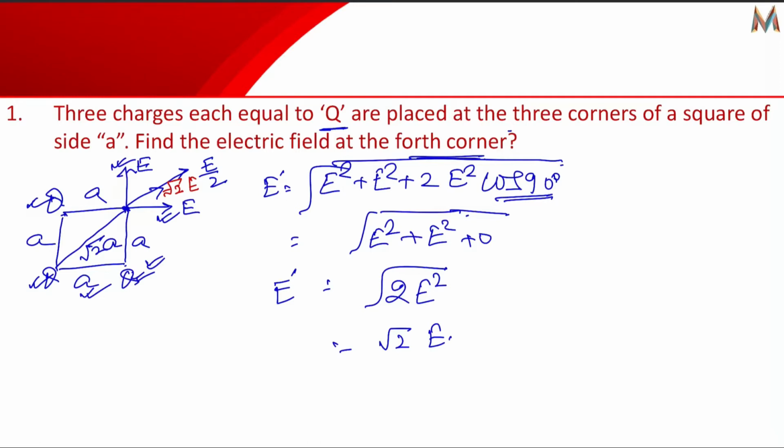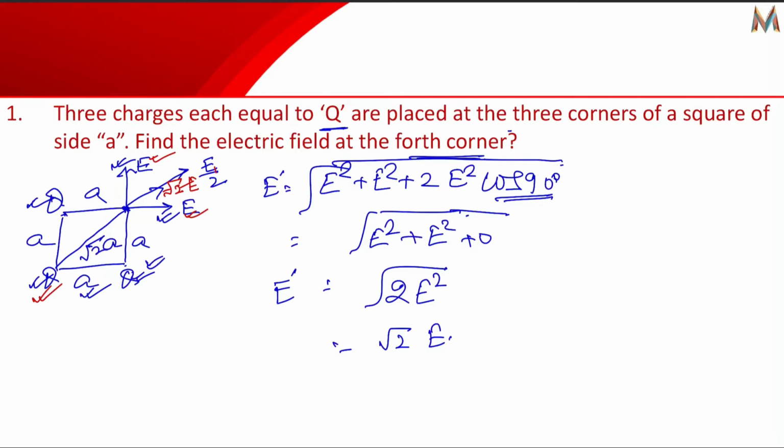Now there are two electric fields at this point. One is E by 2 due to this charge, and another is the resultant of this and this at this point, which is root 2 E. Now we can add these two to get the final electric field at this point.